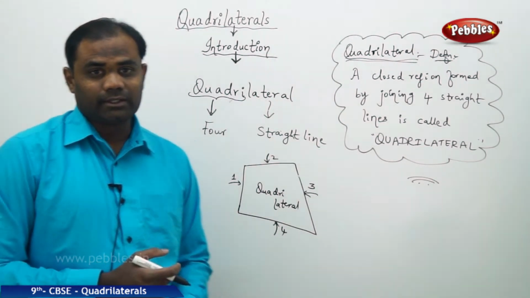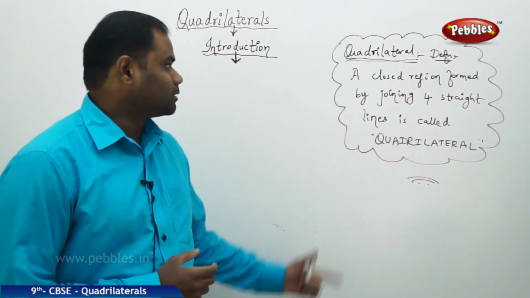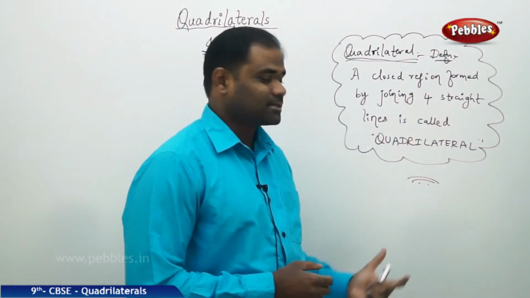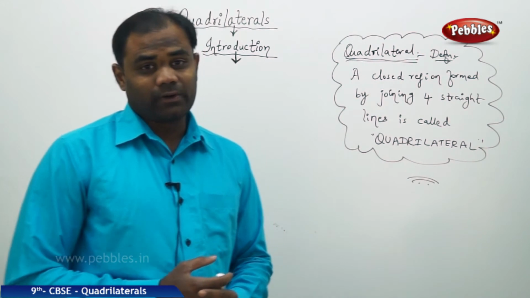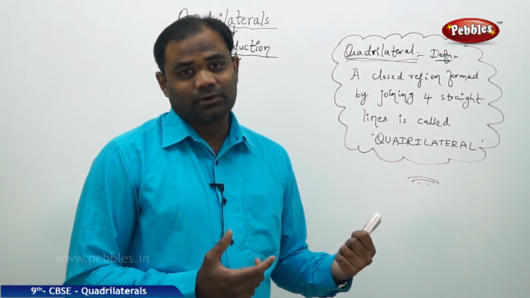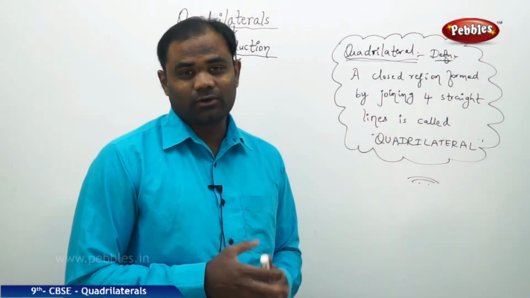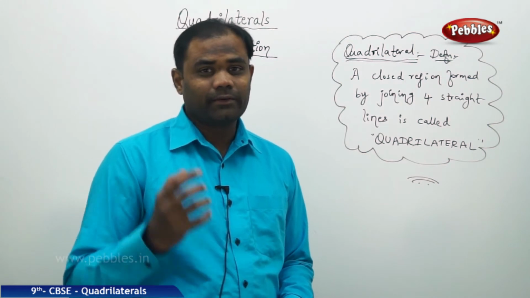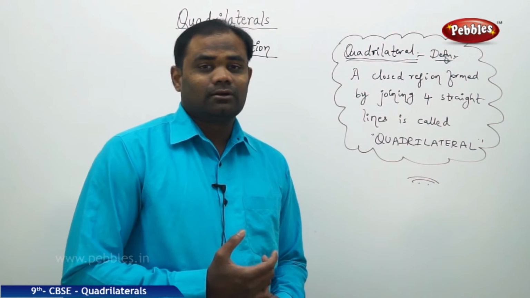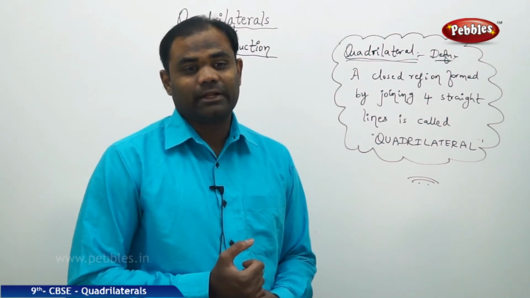Quadrilateral and its diagram. Now that we have defined a quadrilateral to be a closed region formed by joining four straight lines, let's see an extended definition for understanding it better. There are two types of quadrilaterals: regular and irregular, or ordered and unordered quadrilaterals.